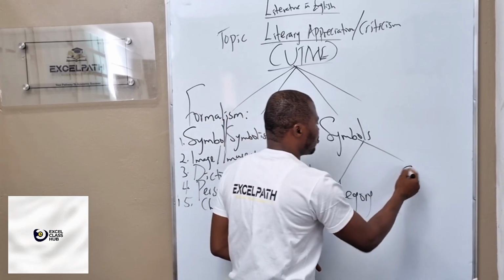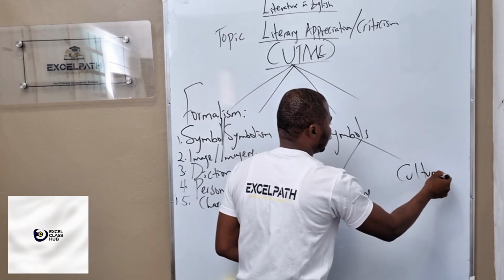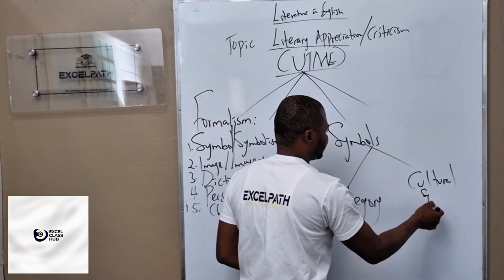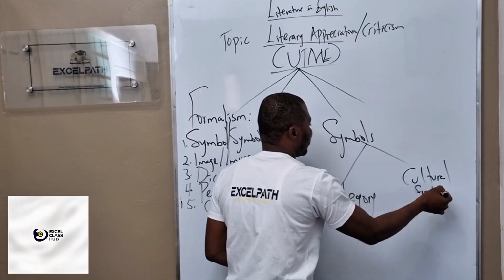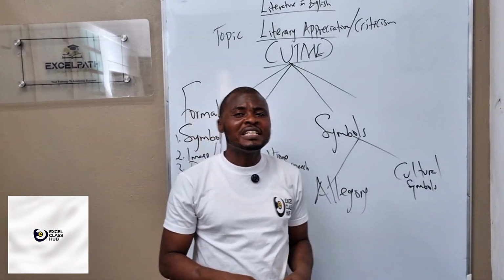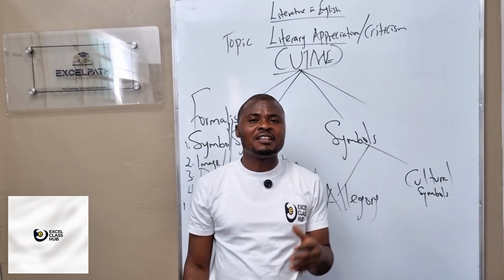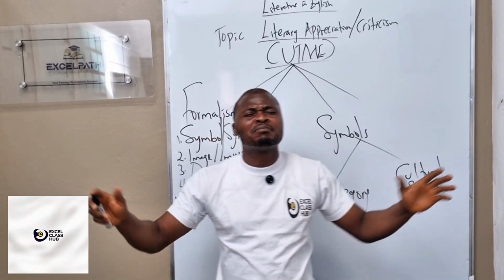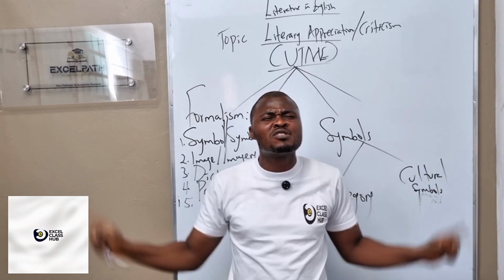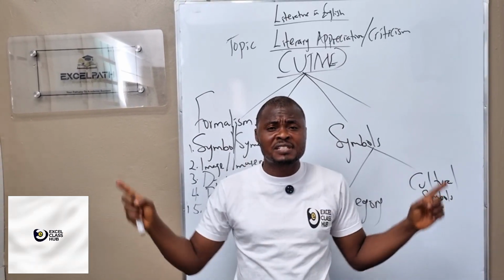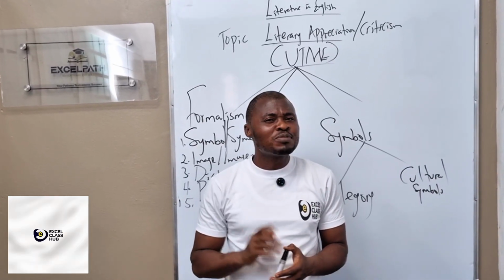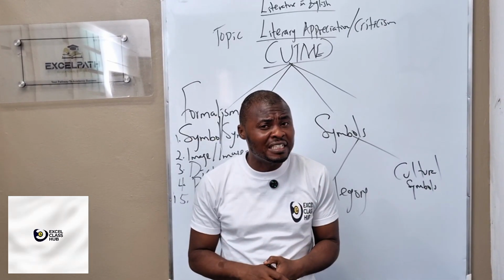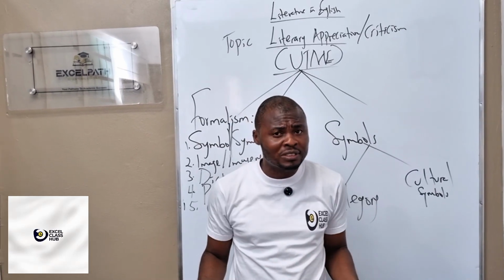And the other one is called cultural symbols. Well, what we are just saying is, to what extent are these symbols popular? Now, some symbols are in the minds of all humans. You can find them in every human society. And some symbols are only found in some places, in some families, in some countries.